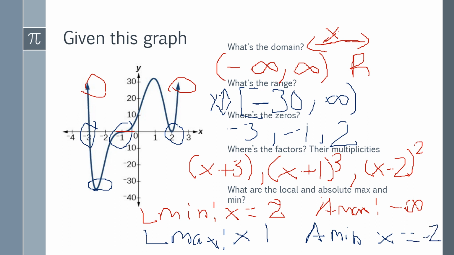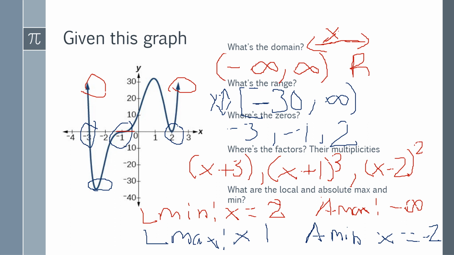So y'all don't forget, when I say absolute max, I mean the highest point of the graph, which was infinity. And when I'm saying absolute min, I mean the lowest point. When I'm saying local max, I'm looking for a hump. And the hump was at when x was 1 for max.